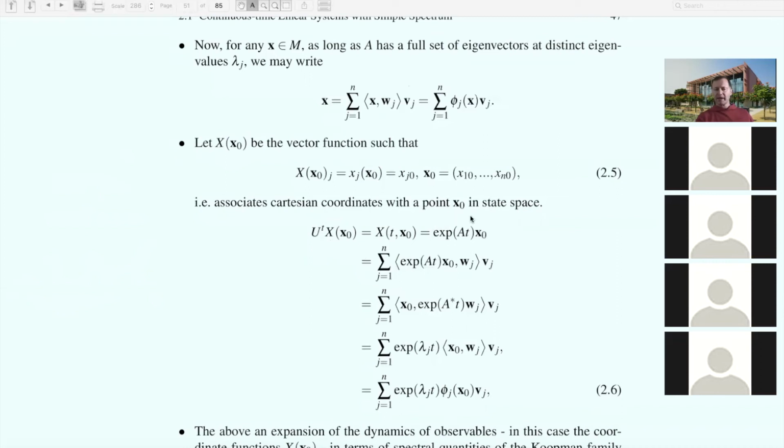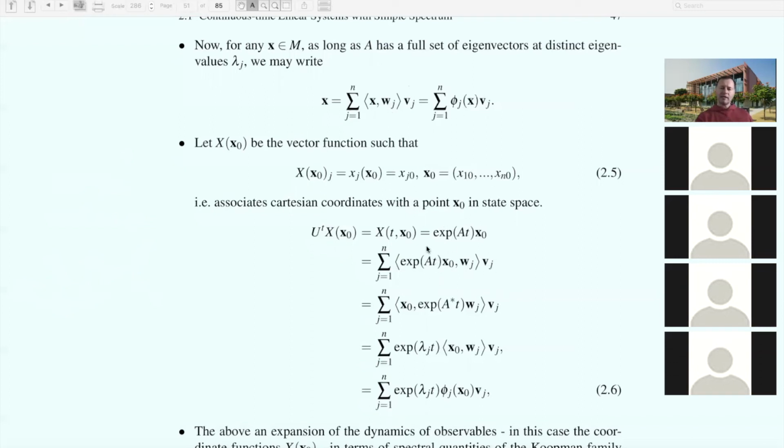So let's expand this vector e to the At x0 in terms of the eigenvector basis. So this is the expansion. The first argument here is just copied over from here. That's this x. And the second is wj with vj.